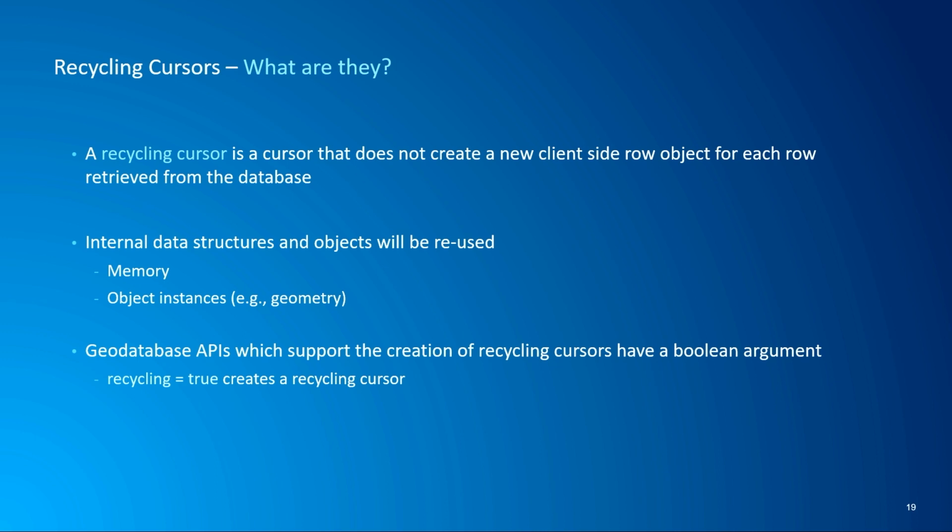So again, internal data structures and objects will be reused. That is good for your memory footprint, and also your object instances will be reused, things such as geometry. So with all the methods that allow you to create cursors, if recycling is supported, there will be an argument that you set, recycling equals true, to get recycling enabled.